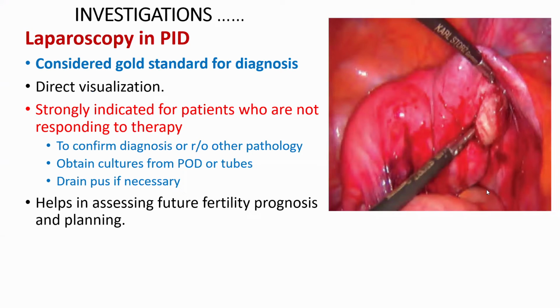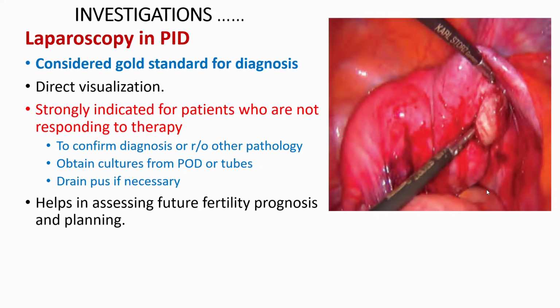It is a direct visualization of the abdominal cavity and the pelvis, so it is the gold standard for diagnosis. It is strongly indicated in patients who are not responding to therapy. Usually we treat the patient empirically with antibiotics, and if the patient does not respond within 72 hours, then we may have to go for laparoscopy.